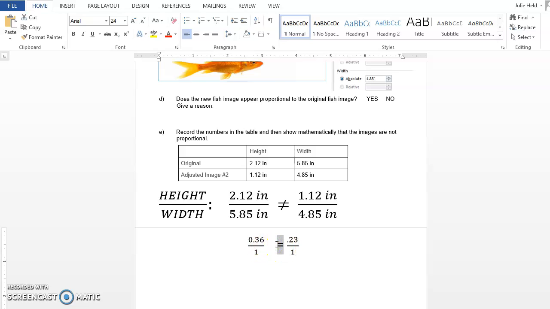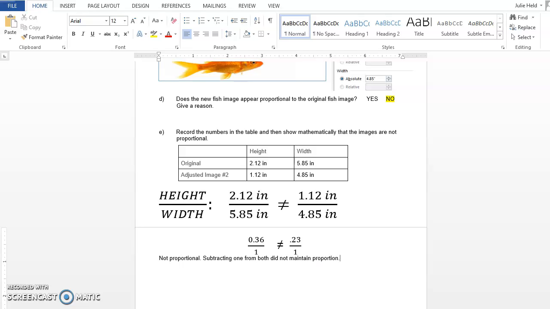So we have different ratios. These are not in proportion. My instinct was no, but it wasn't a very confident no. Now I can really tell that they're not in proportion. So subtracting 1 from both did not maintain proportion.